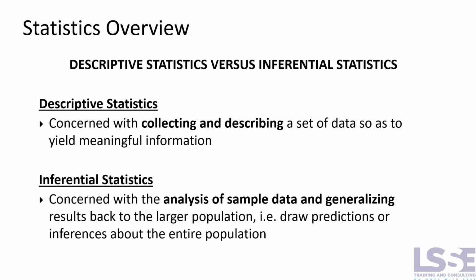Inferential statistics, the operative word here is inferential. You're able to make inferences or predictions. So inferential statistics is more about the analysis of the sample data and making generalizations back to the larger population. And you're drawing predictions about the population based on the data that you have.